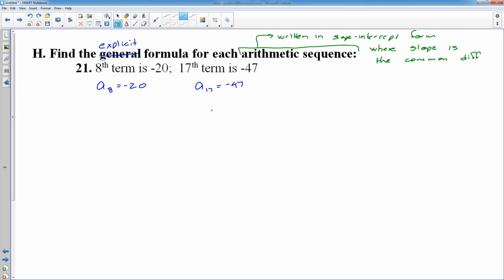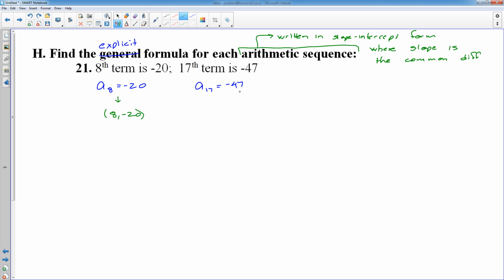Alright, so I'm going to treat this like I'm going to find the equation of a line, and convert that line into slope-intercept form. The way I do this is I treat it almost like I have ordered pairs. The 8th term is negative 20, so I have the ordered pair 8, negative 20.